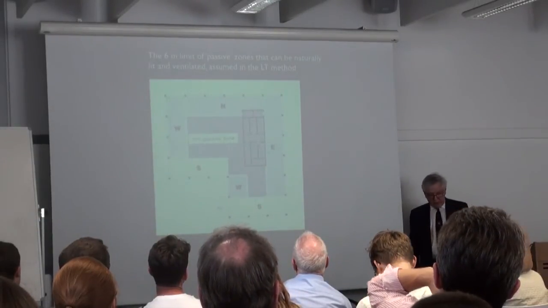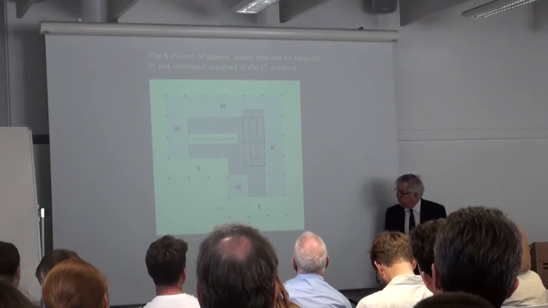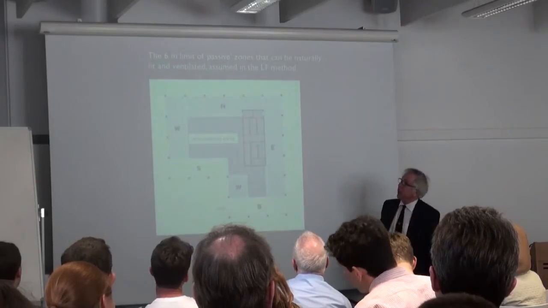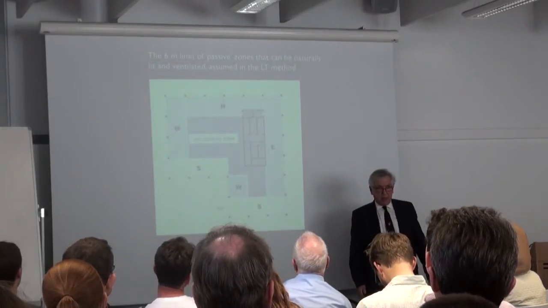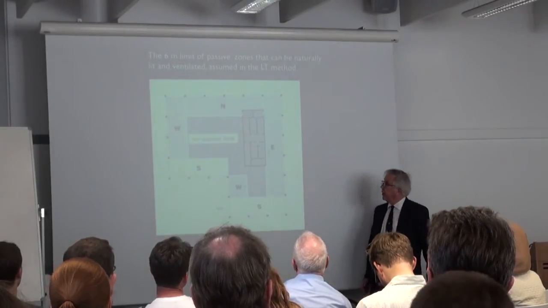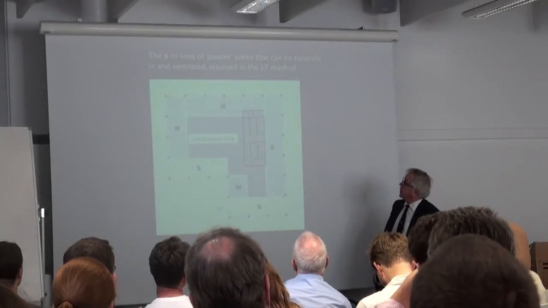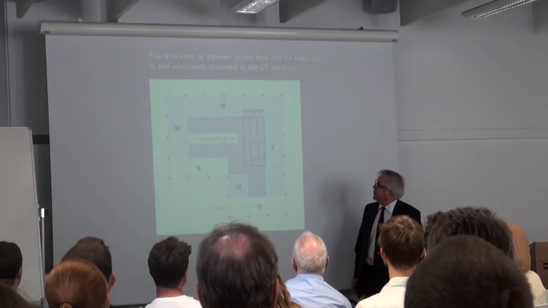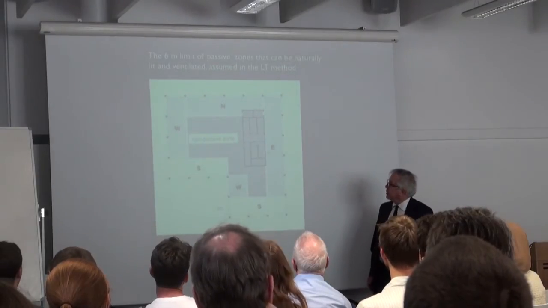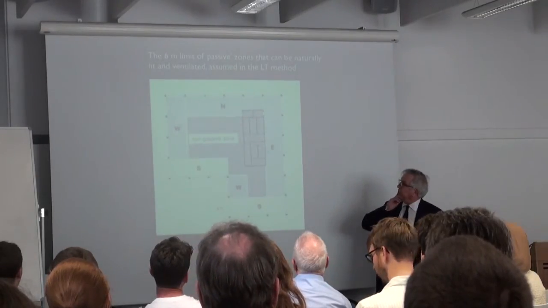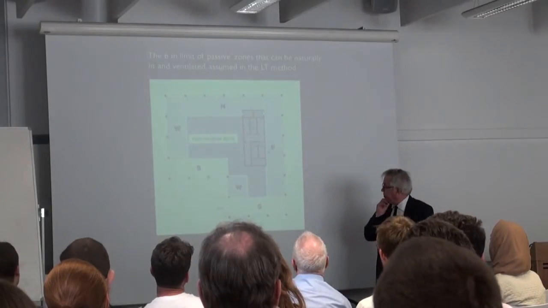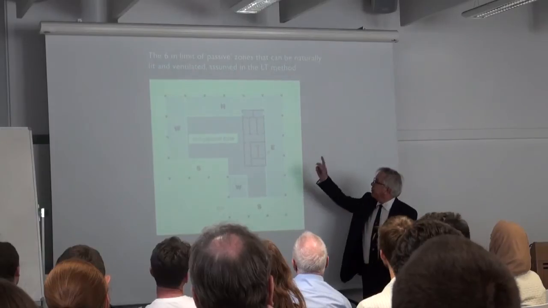This is an illustration from which many of you will recognize the manual of the LT method developed in Cambridge by Nick Baker and others, a kind of manual method for calculating energy use in office-type buildings, later computerized. And what they do is divide the plans of buildings into what they call passive zones and non-passive zones, passive on the outside.